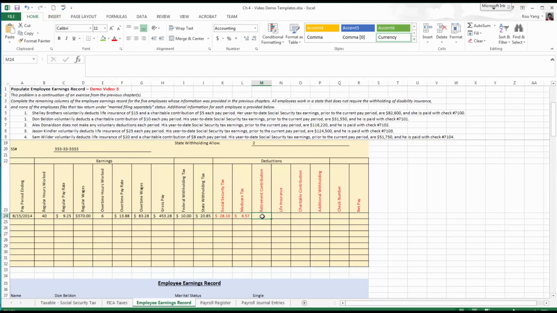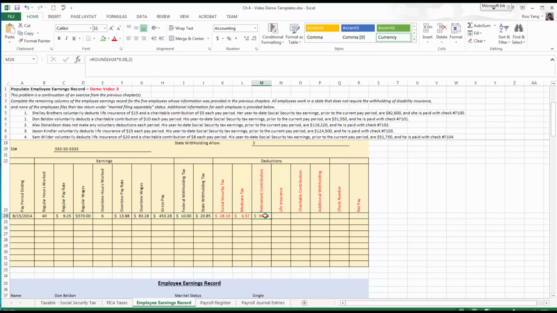All right, her retirement contribution is at 8%. Let's calculate that. Once again, I tell Excel to round this calculation, taking gross pay times 0.08, to 2 decimal places.